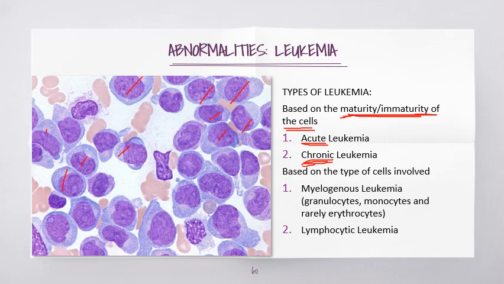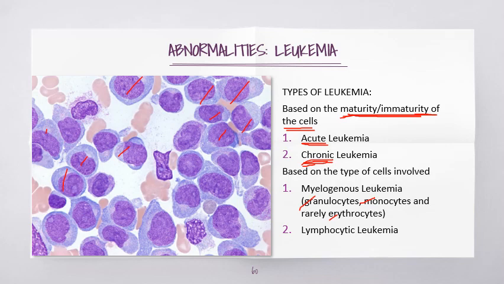Leukemias can also be based on what type of cells are involved. I've mentioned this earlier po. You call it myelogenous leukemia if the abnormal cells are of granulocytic, monocytic, or erythrocytic lineage. You call it lymphocytic leukemia when the circulating abnormal cells are of lymphoid origin, or if they are lymphocytes.